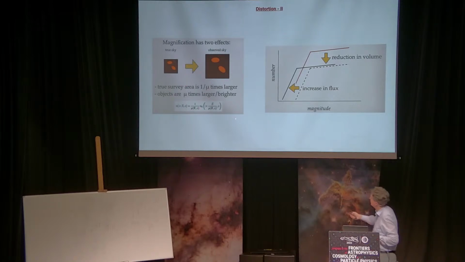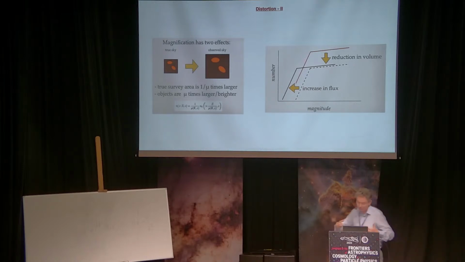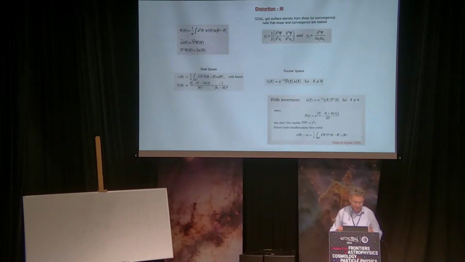These things have been known for ages: the actual number density of sources as a function of magnitude or luminosity, if this is the intrinsic, correct one, is reduced in volume and can be increased in flux, so this function changes shape because of this effect. We know this. So in practice, people want to model the relationship between gamma and kappa.